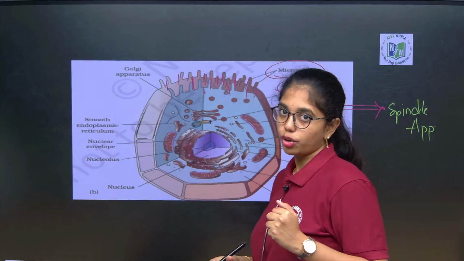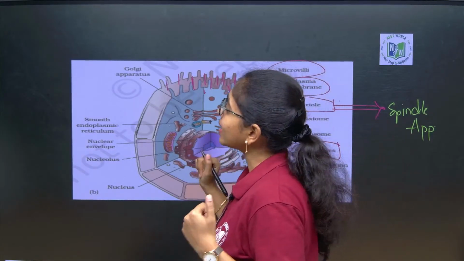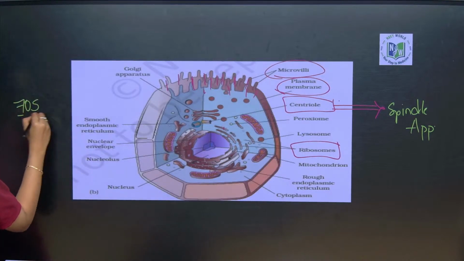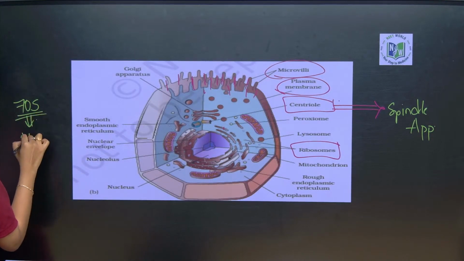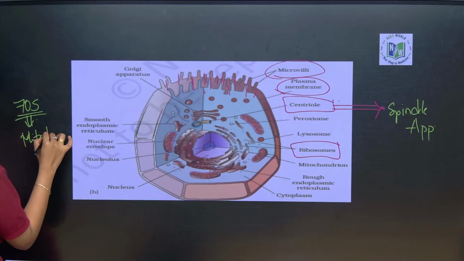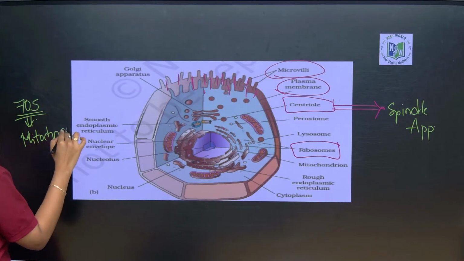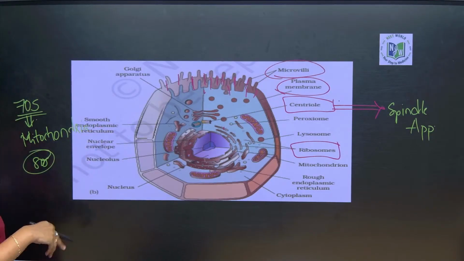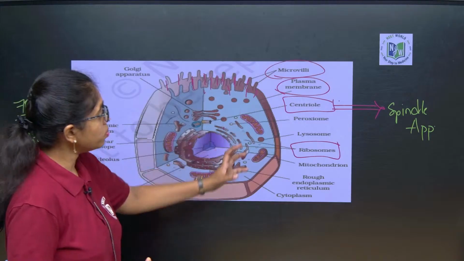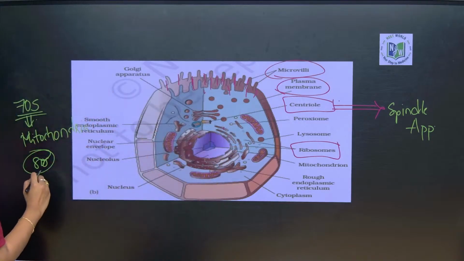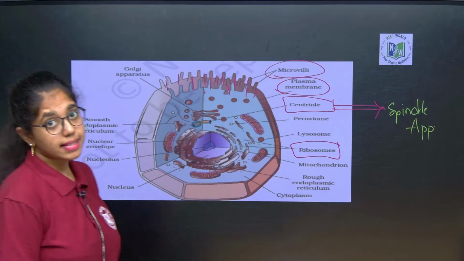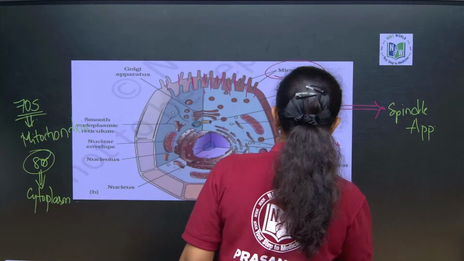Nucleus and mitochondria, that's it. And what type of ribosomes do you find here? 70S ribosomes you can observe in mitochondria, and 80S ribosomes you can see in the cytoplasm of an animal cell.